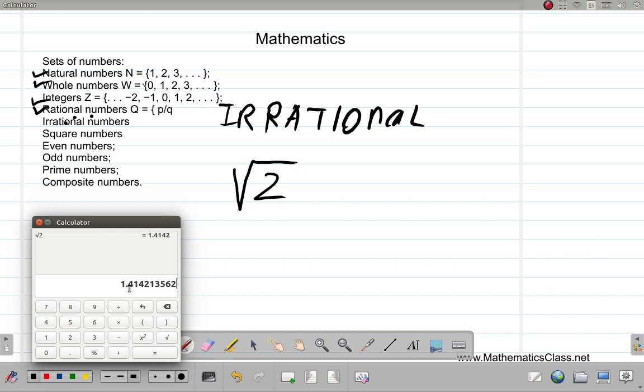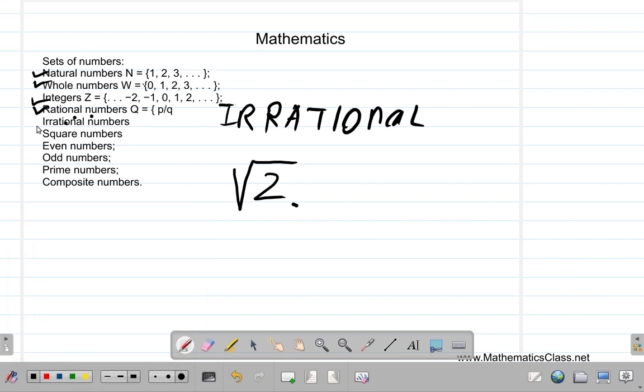We have 1.414213562, but there are other numbers going on. These numbers go on and on forever. Once you stop, it's not perfectly accurate. So this is an example of an irrational number. It is not a rational number. All the numbers we looked at so far are rational numbers. What about the square number?